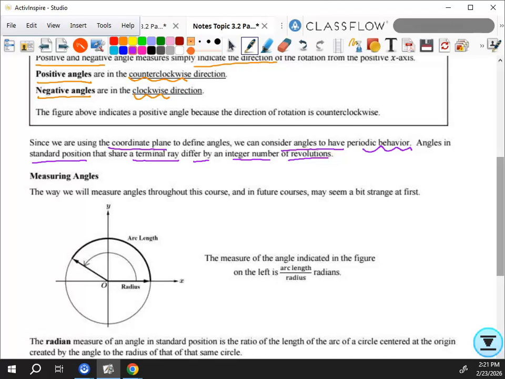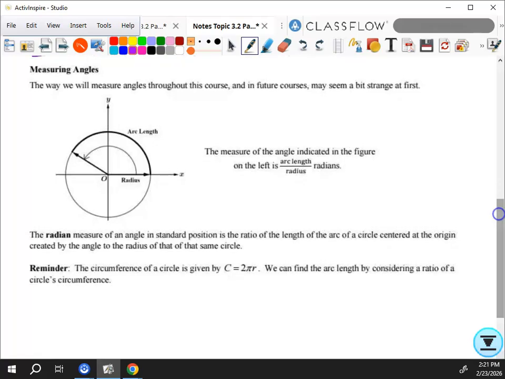We are measuring them in radians. The reason you start this in geometry is that they connect it to arc length. The measure of the angle indicated in the figure is the arc length divided by the radius. That's how you find the radians. If it is a unit circle, then it is just the arc length.